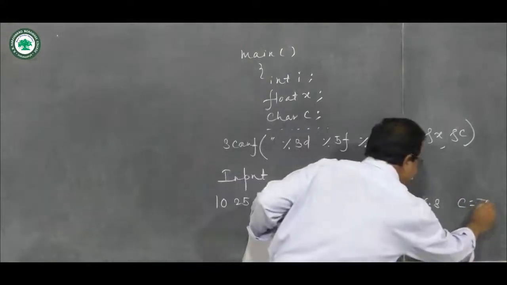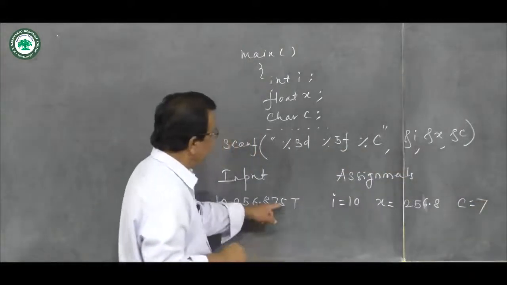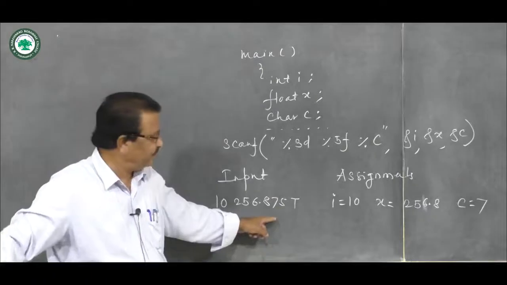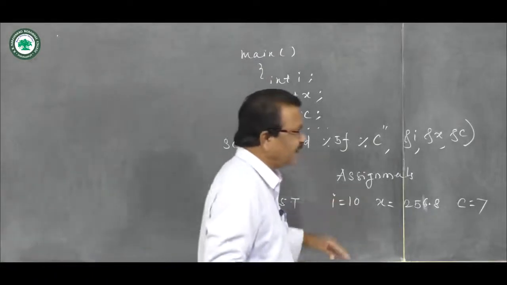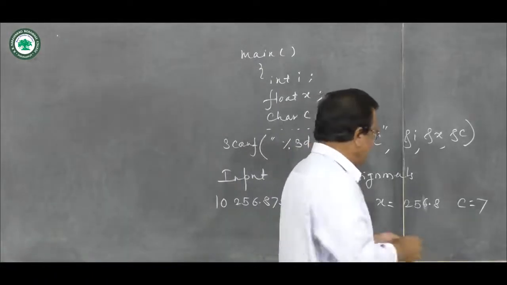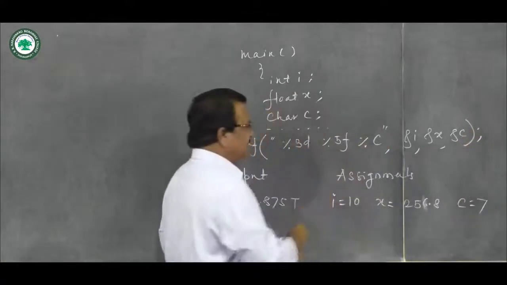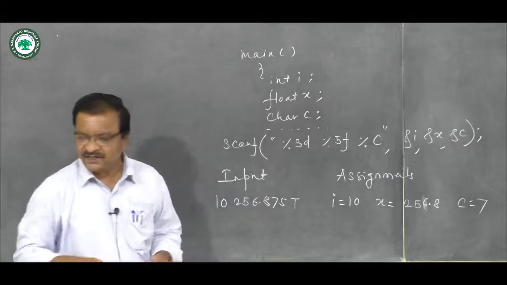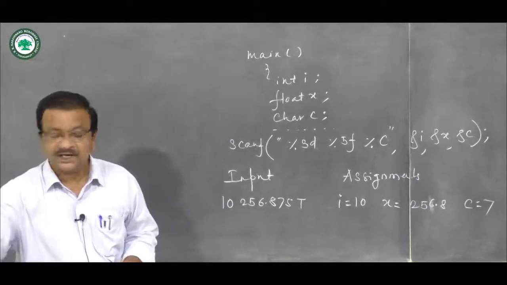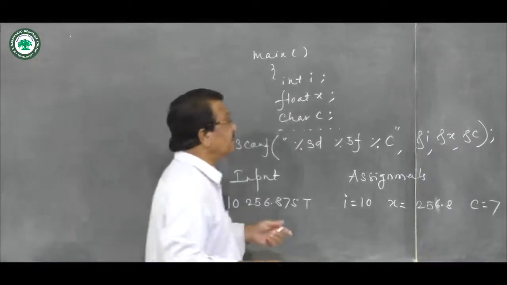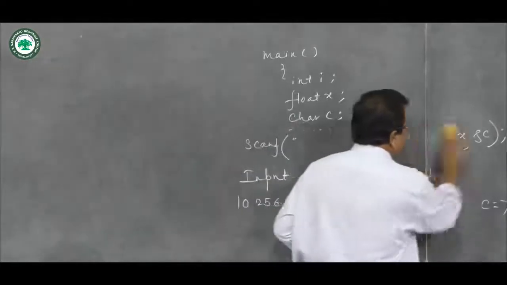The next character is 7, and the remaining 5T will be ignored by scanf. So this is how the assignment will take place. These are additional features where we are specifying the width of the field.